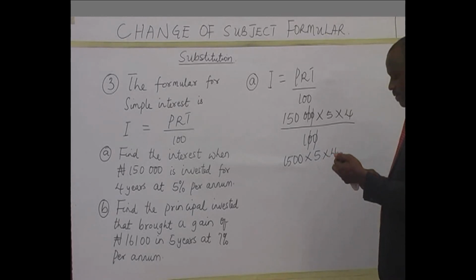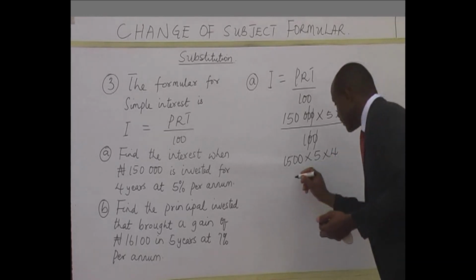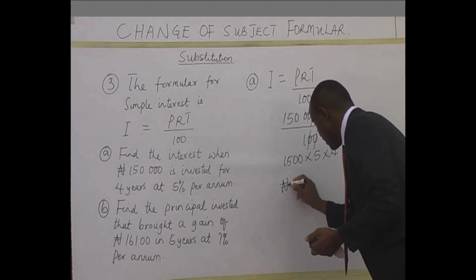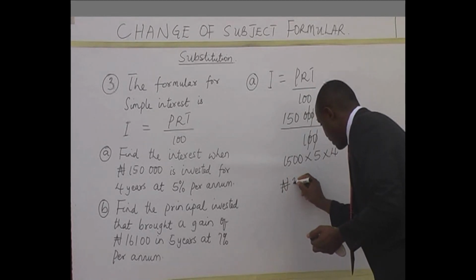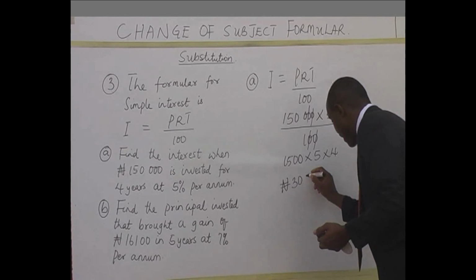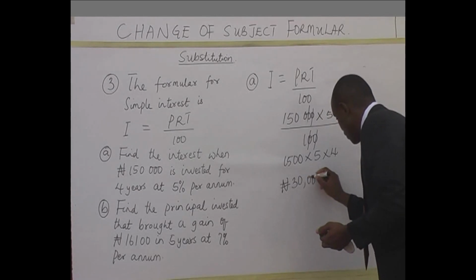We have 150 times 20. 5 times 4 is 20, so we have 20 times 1,500, and it's giving us 30,000. That means the simple interest for investing that money for 4 years at 5% interest will give you 30,000.